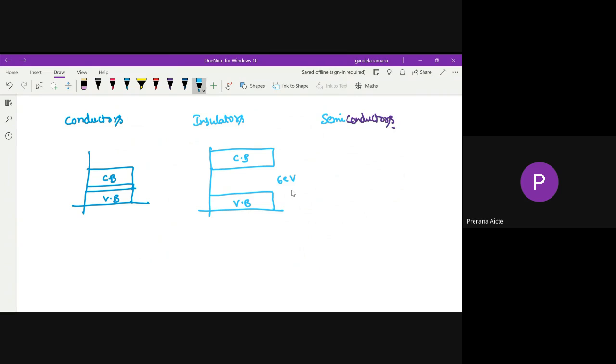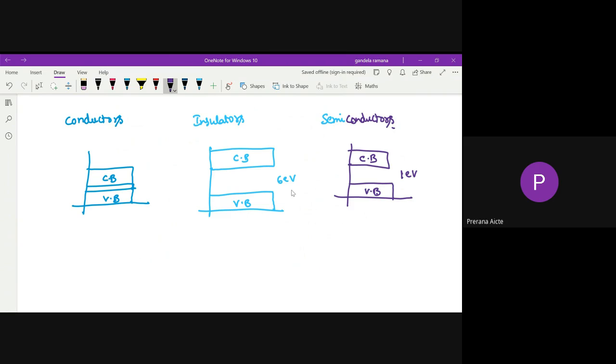What is the energy gap between the valency band and conduction band in semiconductors? This is 1 electron volt. Here, the conduction band and valency band, the energy gap in semiconductors is 1 electron volt.